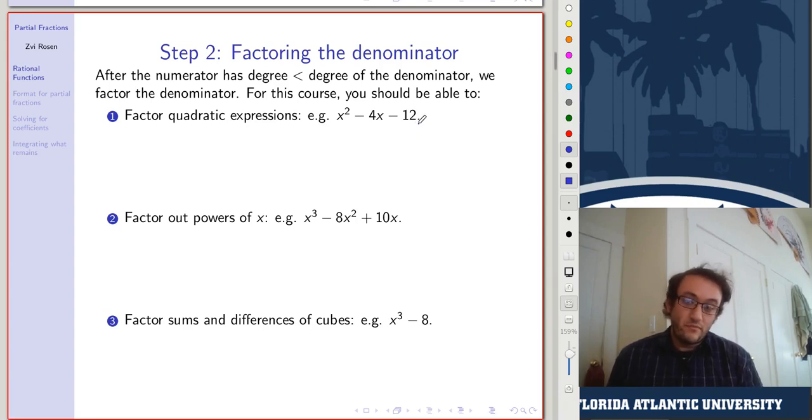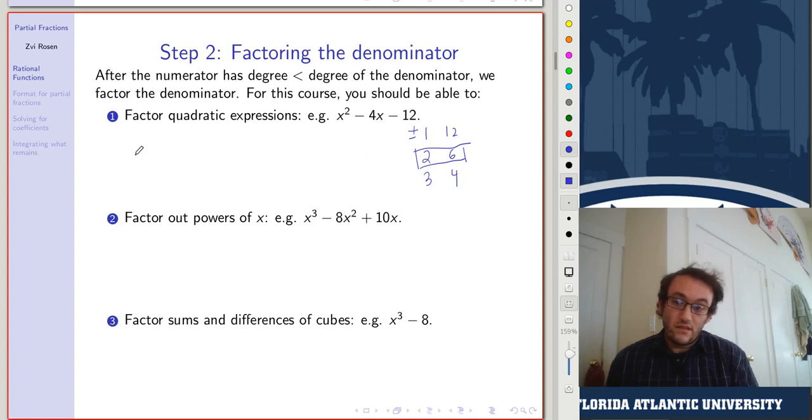Well, we list some factors of 12, some ways to factorize 12 as a product of two integers. We get plus or minus 1 and 12, 2 and 6, 3 and 4, and we observe that 2 and 6 have a difference equal to 4.